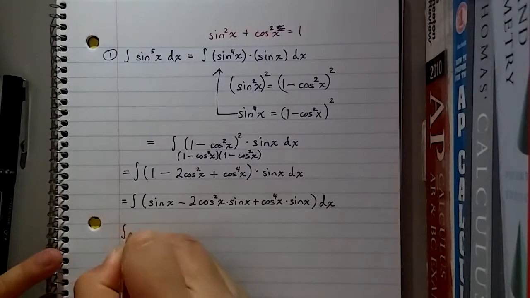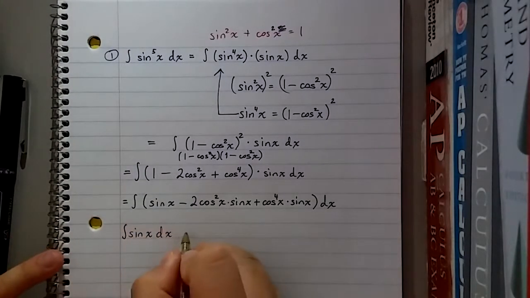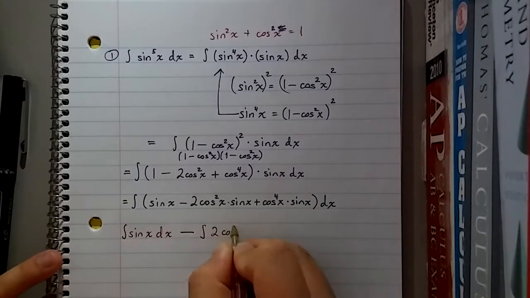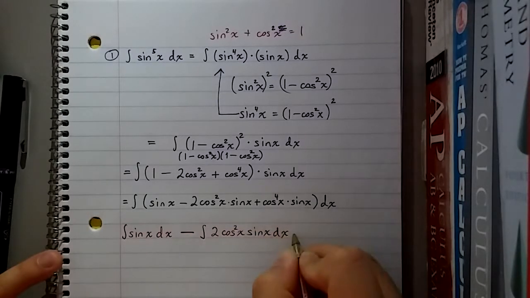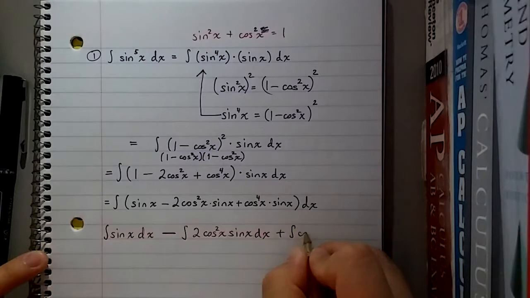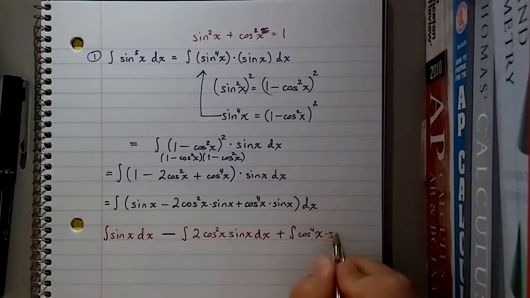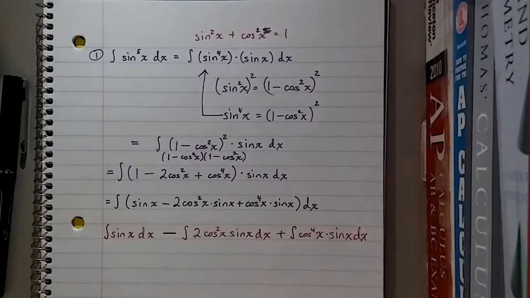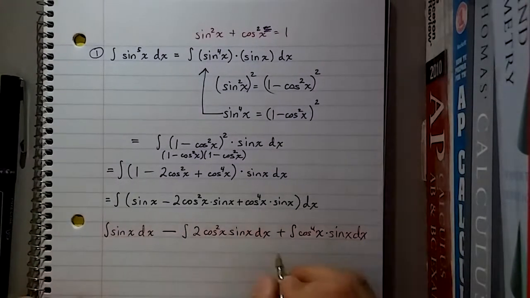So integral of sine x dx minus integral of 2 cosine squared x sine x dx plus integral of cosine x to the 4th times sine x dx. And before I integrate this, I want to just U sub these.